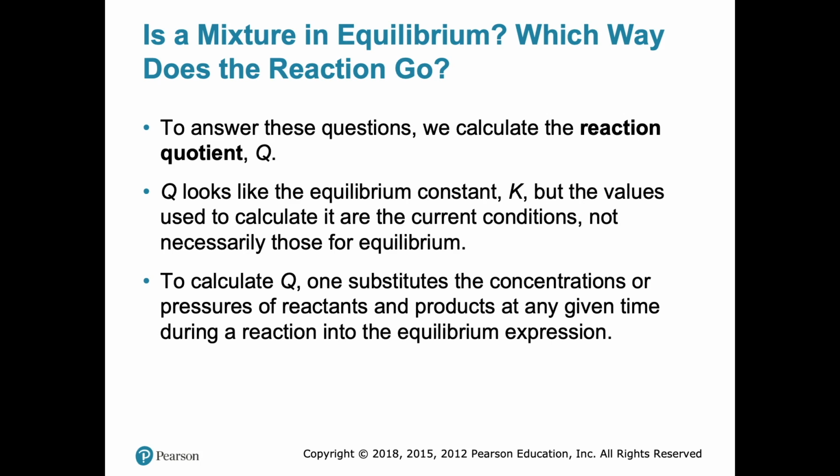To calculate Q, you substitute the concentrations or pressures of the reactants and products at any given time into the equilibrium expression. The Q expression is the exact same as the K expression. The only difference is that for K, you use the equilibrium concentrations, whereas for Q, you use the concentrations given at a certain point in the reaction. We'll go over an example in just a second.